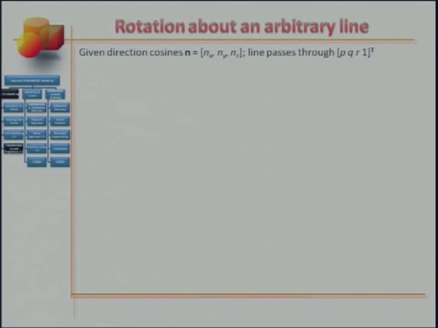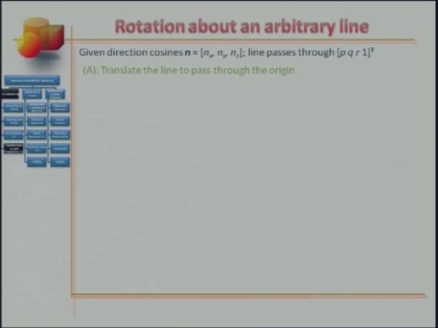Given direction cosines n, which has components nx, ny, and nz, of a line that passes through a point P, Q, and R. Now this point here is expressed in terms of homogeneous coordinates.